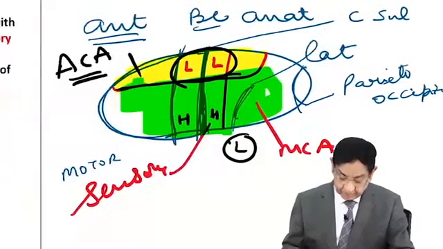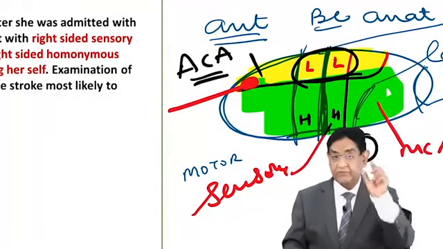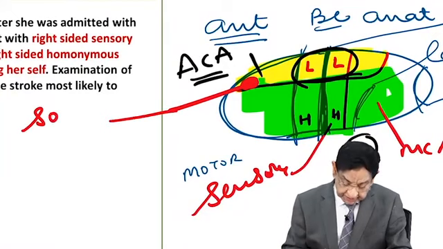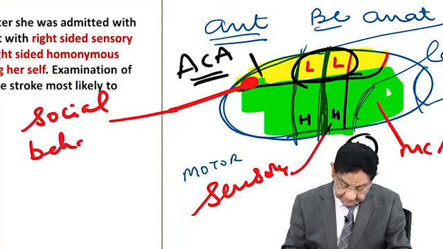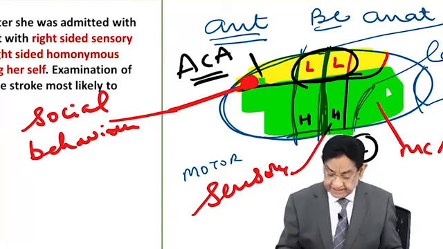Now, an extra point that you got to understand. Let's learn a little bit more. This part of the brain is a part of the frontal lobe. This part is the area for social behavior and personality. So when anterior cerebral artery involvement is there, this gets disturbed.